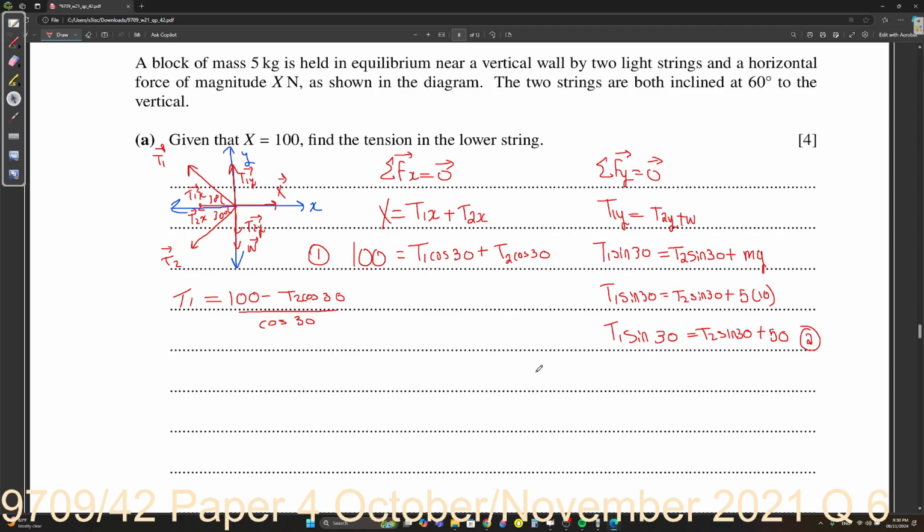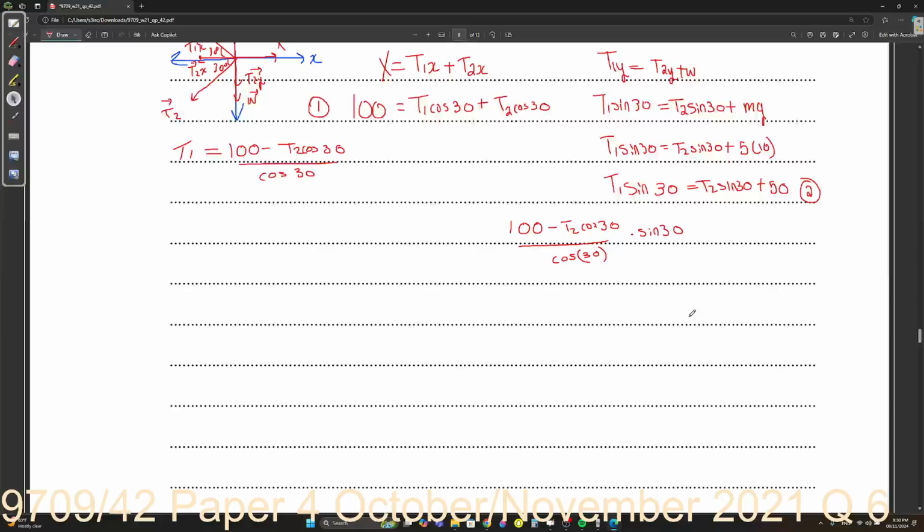So over here we can substitute T1 by 100 minus T2 cosine 30 over cosine 30 times sine 30 is equal to T2 sine 30 plus 50. Okay, we can cancel sine 30 over cosine 30.